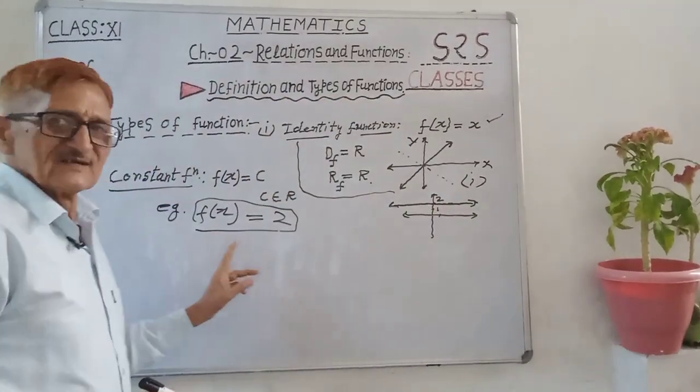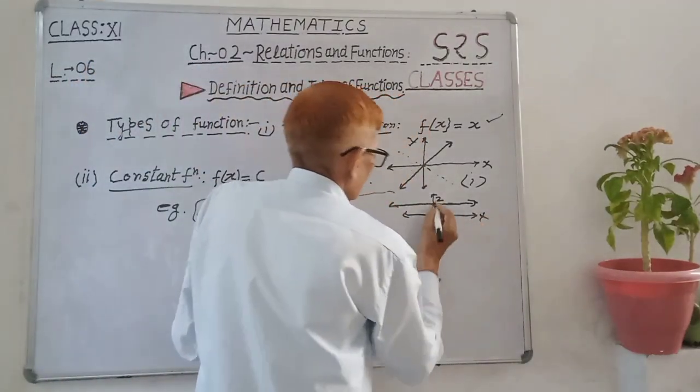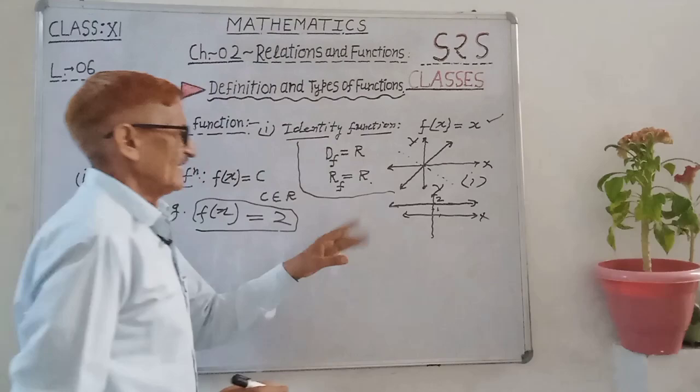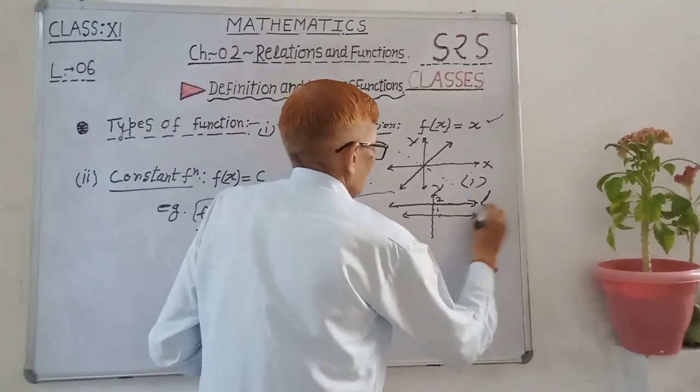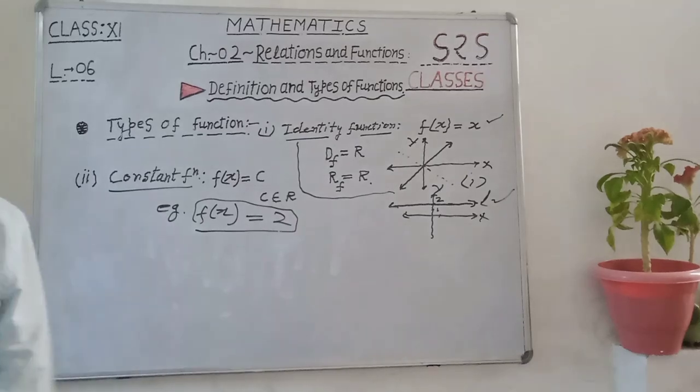It is the x-axis, it is the y-axis, and this is the graph line L. Constant function, may be any.